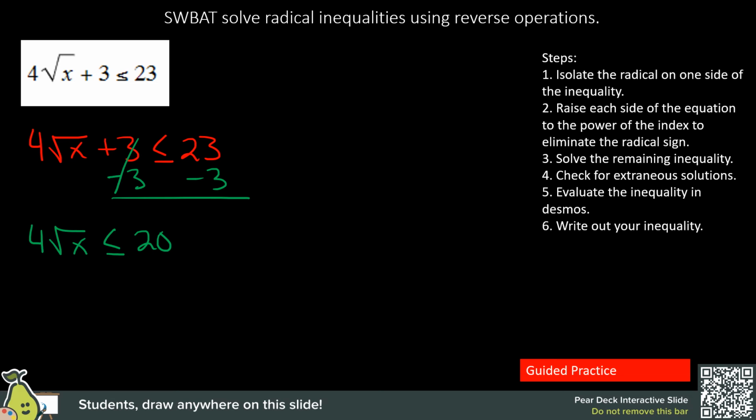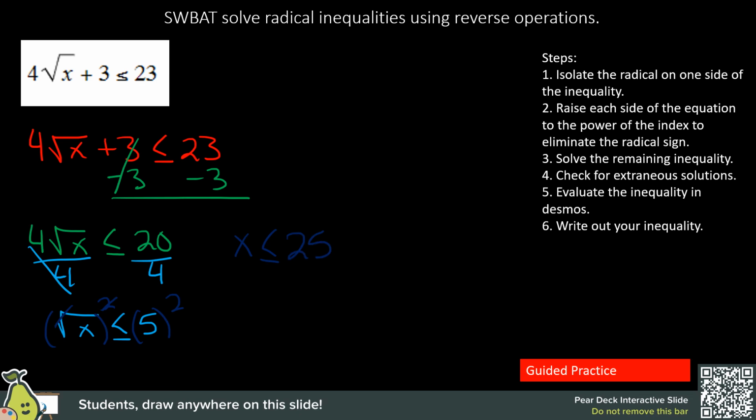We would then divide both sides by 4. So I've got the square root of x is less than or equal to 5. We then want to square both sides. Square and square root simplify out. That will leave us with x is less than or equal to 25.